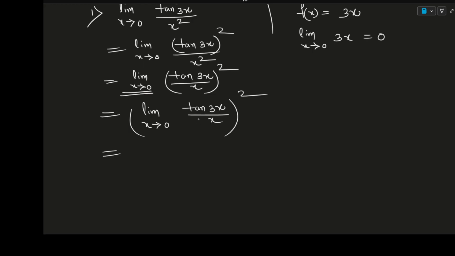For that I have to multiply 3 in numerator and denominator. Then if I take 3 outside, it will be tan 3x by 3x whole square.